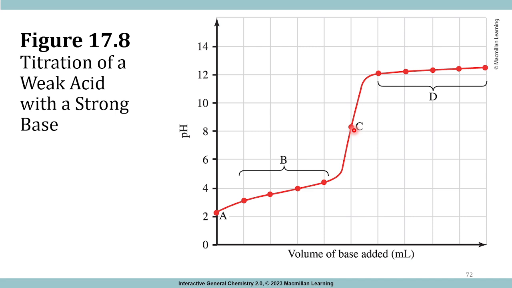You're making a conjugate base, right? The conjugate base of a weak acid is itself a weak base, isn't it? Has to be. Otherwise, it wouldn't be a weak acid because it wouldn't come back together, right? And so that means with the weak acids, the pH is never 7 at the equivalence point. It's always above 7, right? Because you're making a weak base.